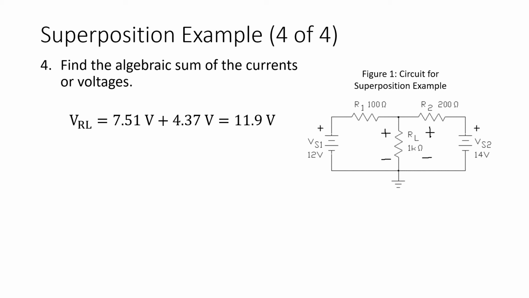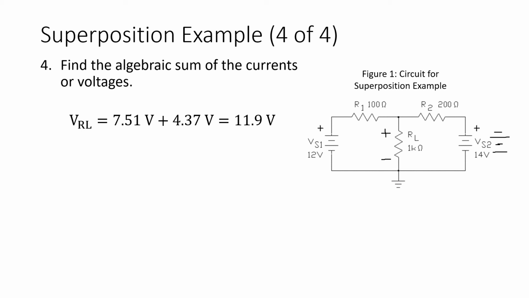Now, you have to bear in mind that not all circuits are going to work out where these voltages are additive. For example, if VS2 had a polarity of negative to positive, then this voltage would not be positive to negative.